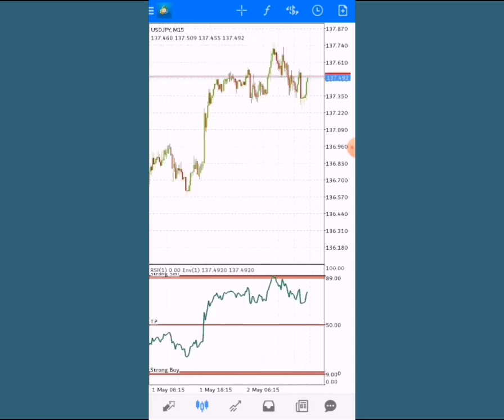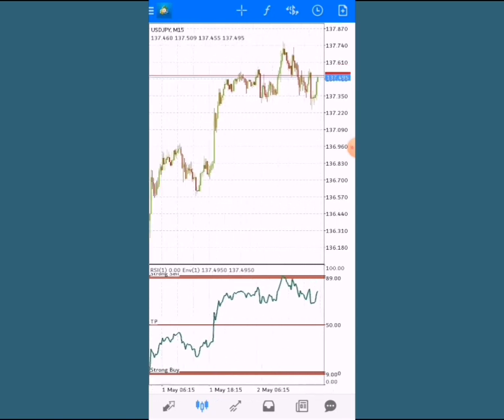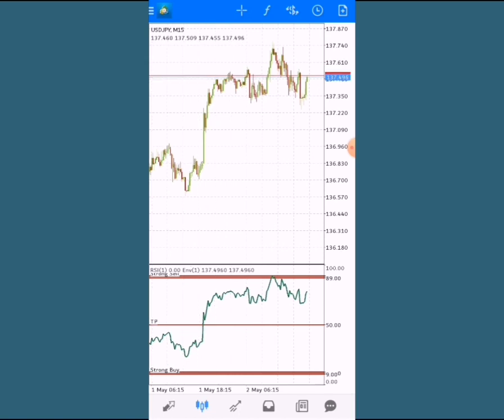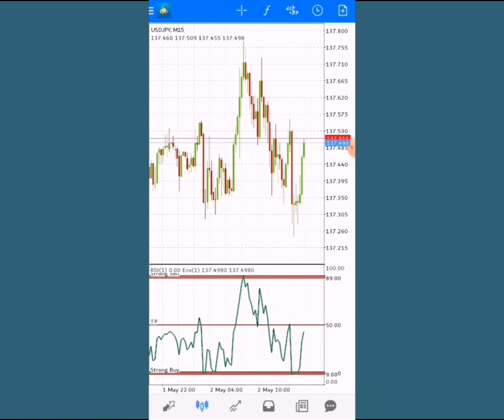Now, for you to sell, first thing, price must touch the 99 level, okay? Secondly, for you to sell, once price has touched the 99 level, you have to identify or wait for a bearish engulfing candle.